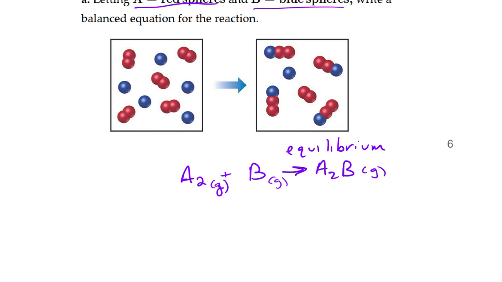Why is it yield A2B when on the right side there's an A2 and a B that aren't used? Why are these left over? Or why isn't it also plus A2? Why don't we also include the fact that there are unreacted species?